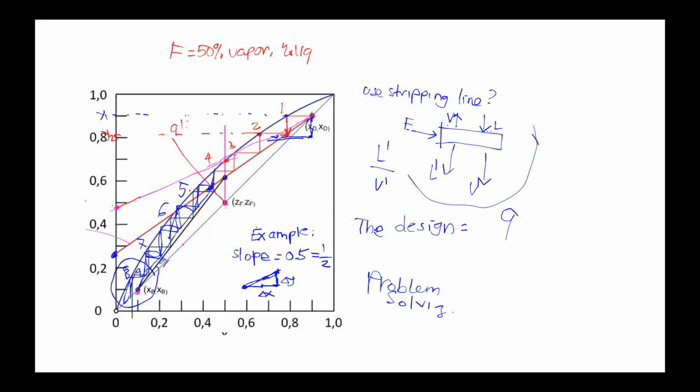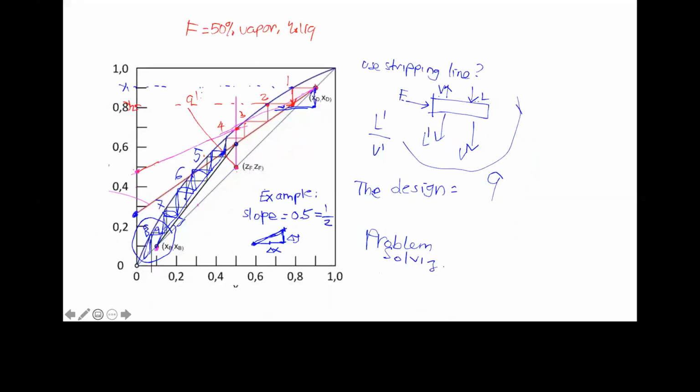Once you find the slope, then you calculate up to 8 trays, because you only have 8 trays, and then you can check the XB. Is your XB the same, or is XB changing? Okay. All right. So we can discuss this one later on.